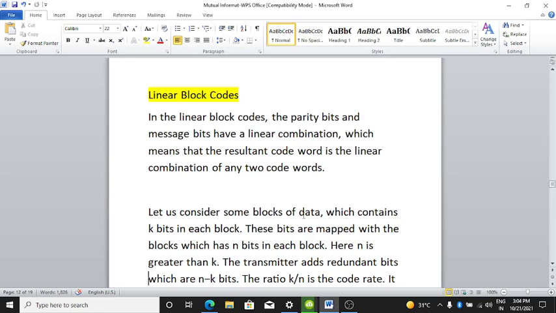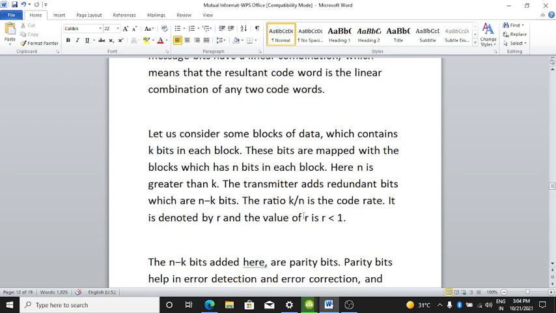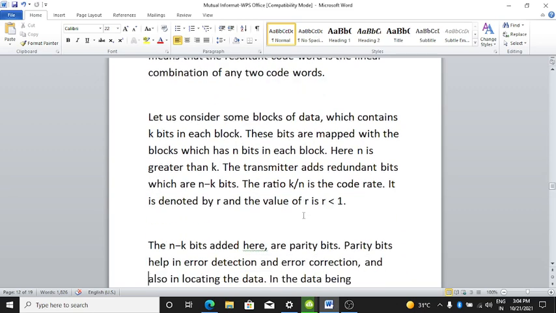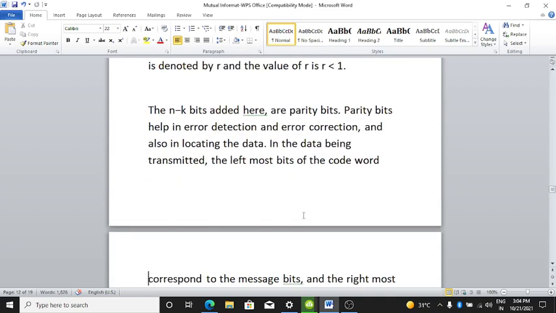These bits are mapped into blocks which have n bits in each block. Here n is greater than k. The transmitter adds redundant bits, which are n minus k bits. The ratio k upon n is the code rate. It is denoted by r and the value of r is less than 1.